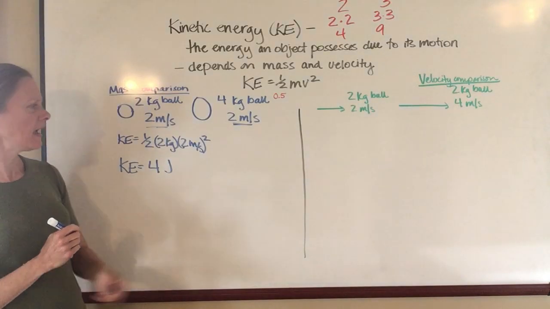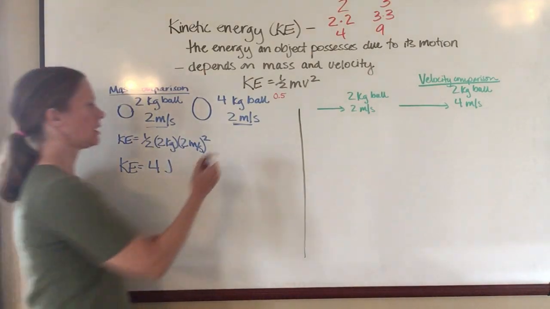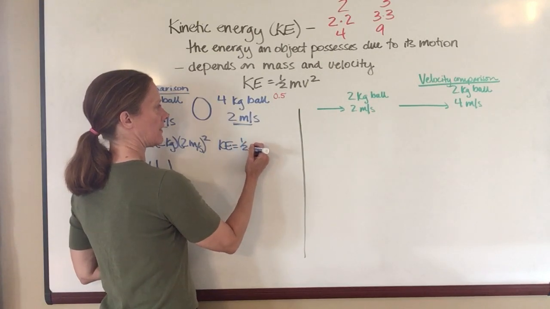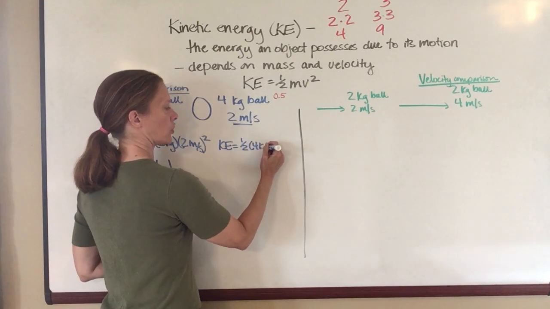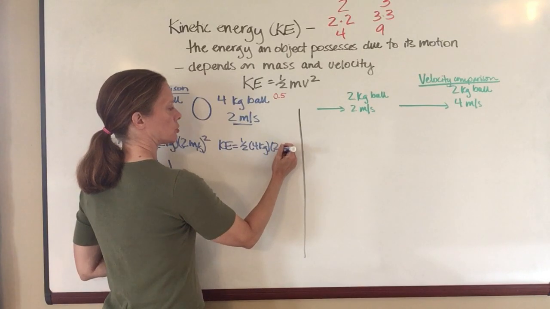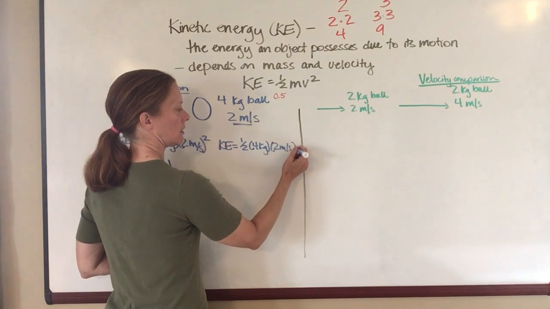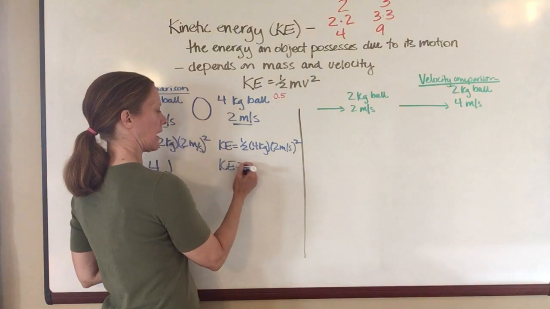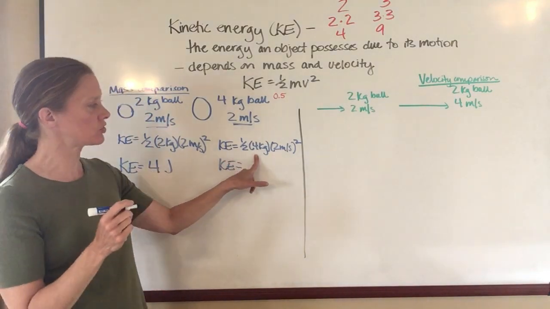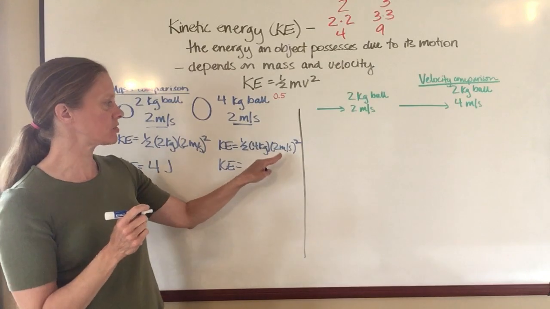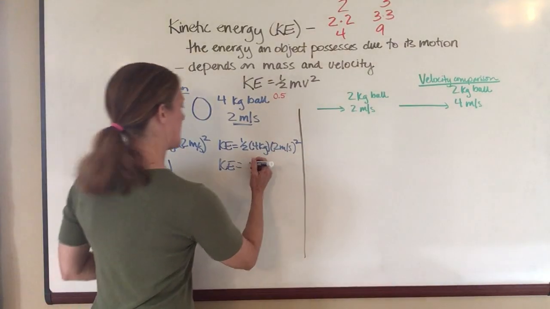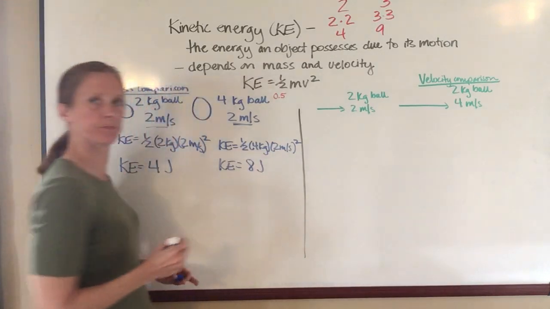Now let's check the 4-kilogram ball. If I calculate the kinetic energy for this one, I'm going to have 1/2 times the mass of 4 kilograms times 2 meters per second, and we're going to square that. When I do that, I have 1/2 of 4, which is 2, times 2 times 2, which is going to give me 8 joules.